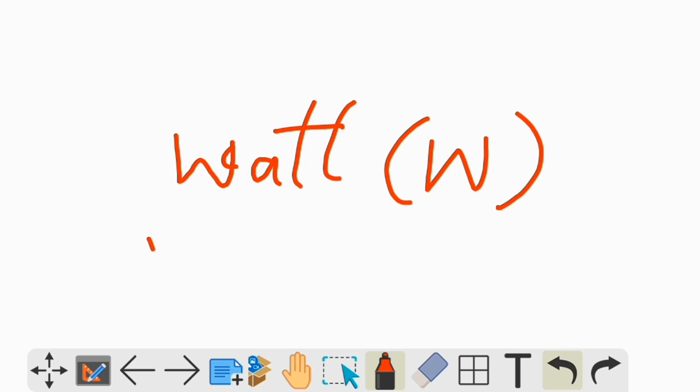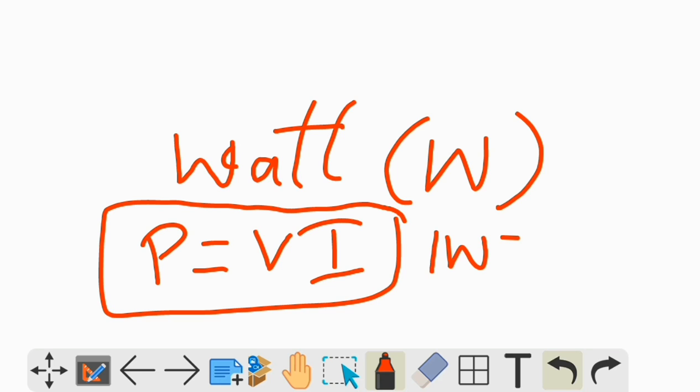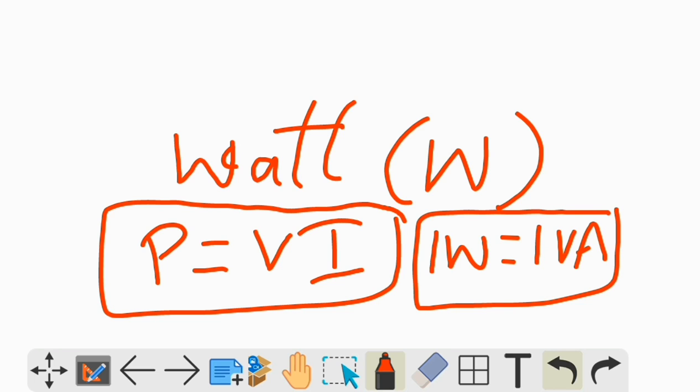What is that formula? Power is equal to VI. Then from here, for voltage, what is the unit? Volt. For current, it is ampere, isn't it? So 1 watt will be equal to 1 volt ampere as well.